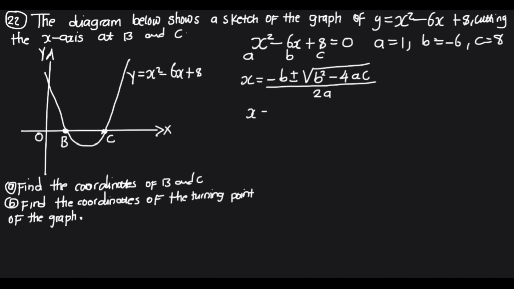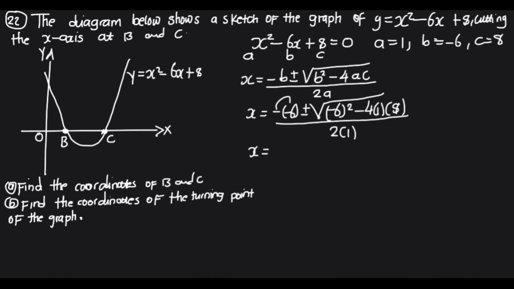Okay, so x is equal to minus our b, we can see that our b is negative 6, even here negative 6 now squared, minus 4 times our a, which is 1, our c is 8, over 2 times 1.